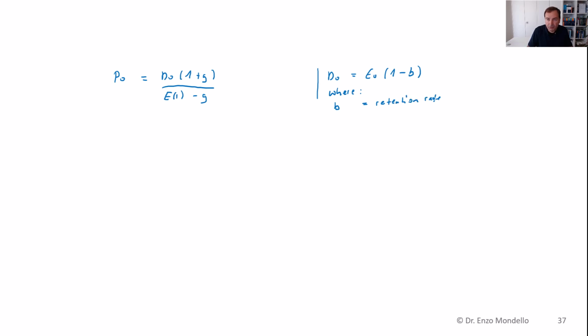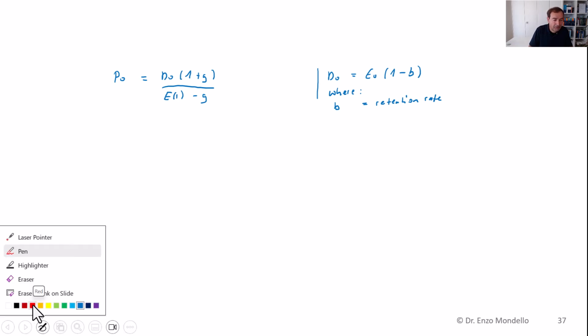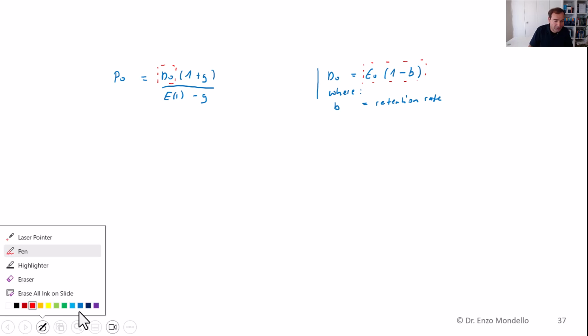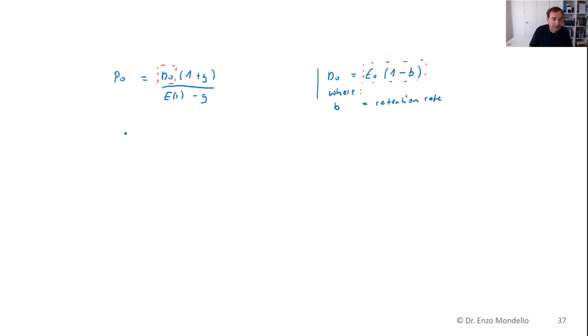So b, that's then the retention rate. And now we can replace in the one-stage dividend discount model the current dividend per share with the earnings per share multiplied by 1 minus the earnings retention rate. In doing so, we will get then the following equation for the intrinsic share value.